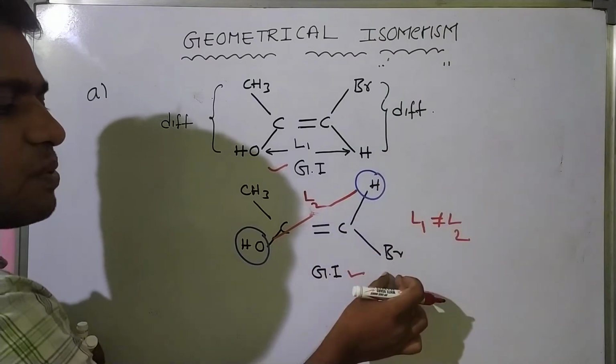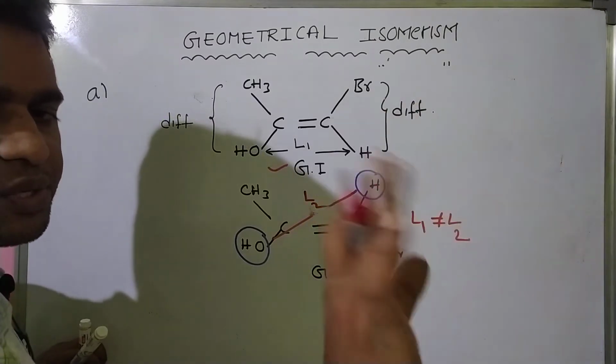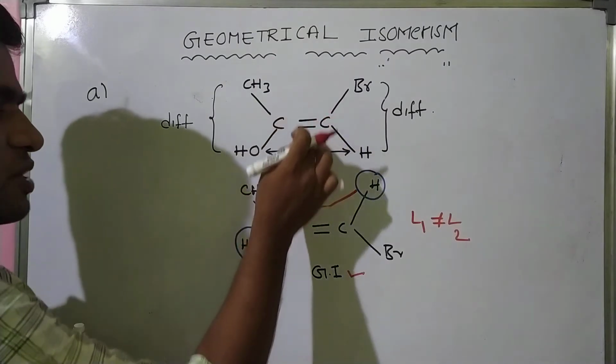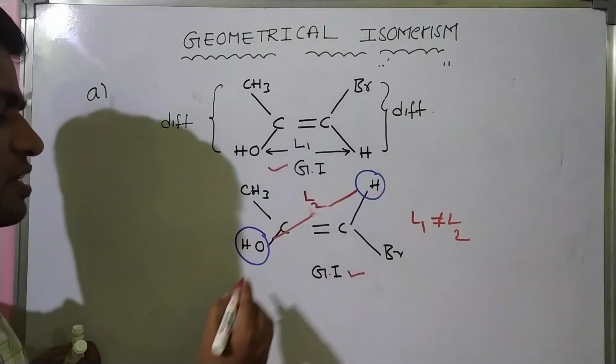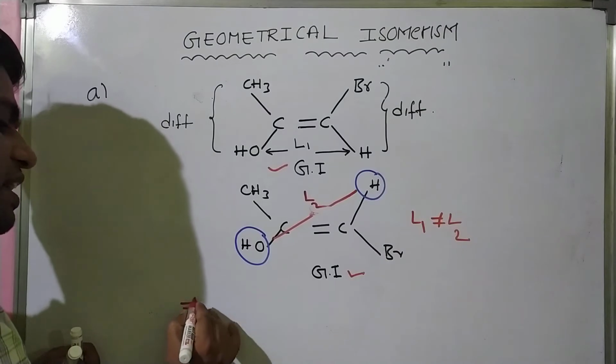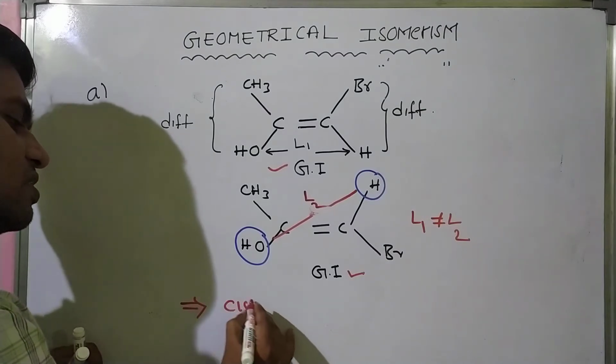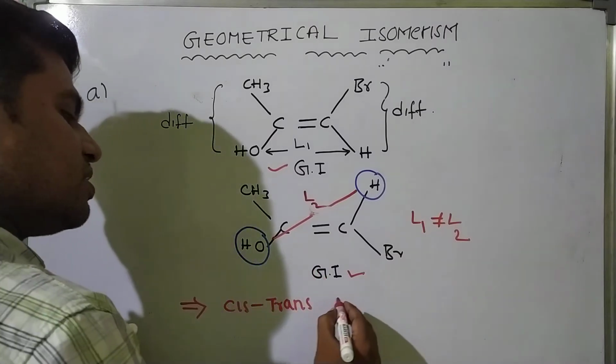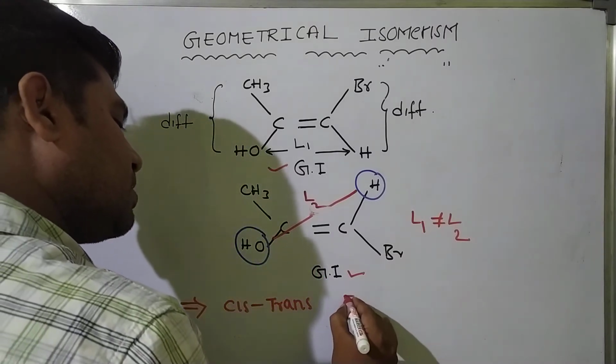Hence, these two compounds are geometrical isomers, no doubt. But these two isomers are not cis-trans isomers. In this case, cis-trans isomerism fails.